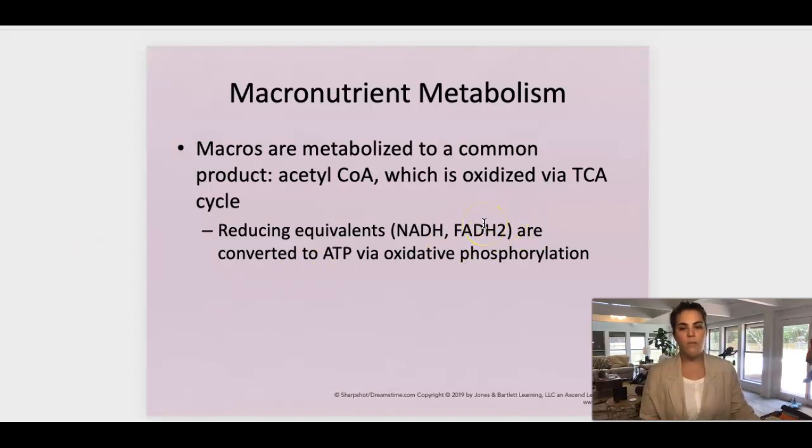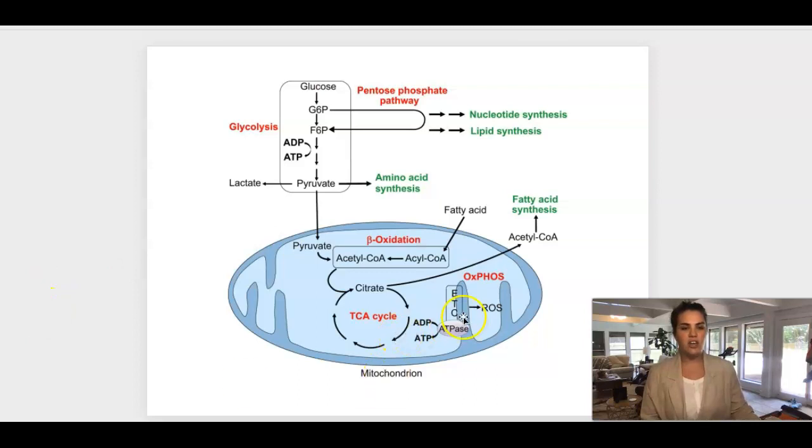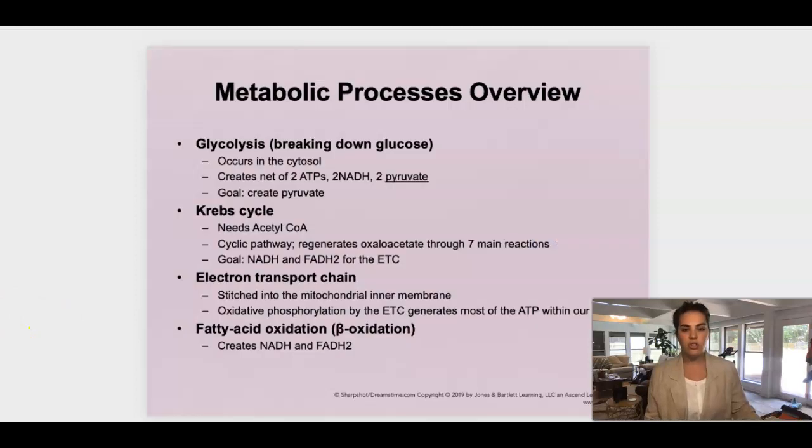Okay, so NADH and FADH are primarily going to be talked about within the electron transport chain. However, we're going to make NADH and FADH in other parts of the energy pathways as well, especially the Krebs cycle. But these are going to really be utilized within the electron transport chain, and that's important because the electron transport chain is really what is generating most of the ATP within our cells.